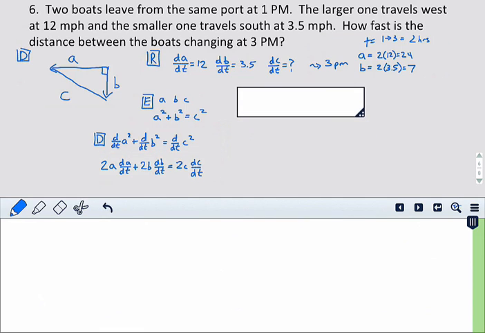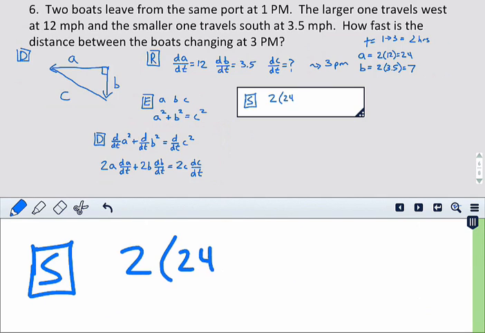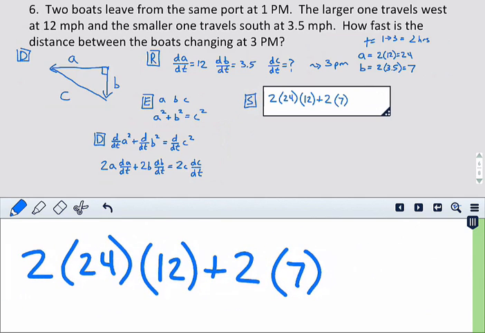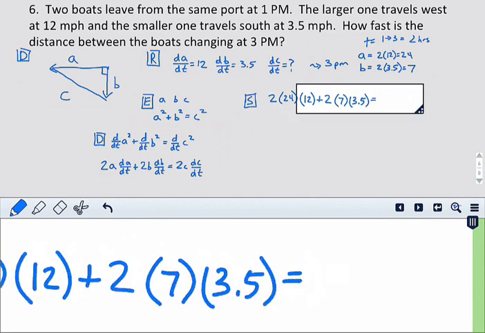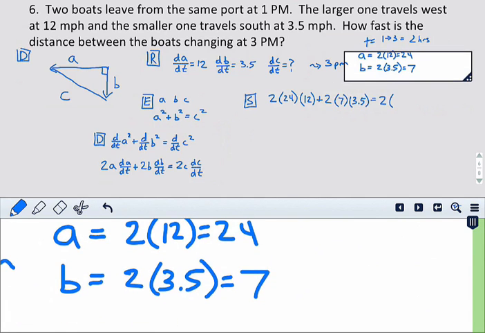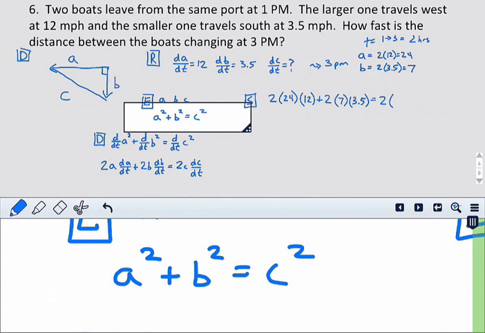Now we can go ahead and substitute. So we've already determined that after 2 hours, A was going to be 24. So we'll have 2 times 24. And that's traveling 12 miles an hour, so dA over dt is 12. And then we also determined that B was 7 miles, and dB over dt is going to be 3.5. And that's going to equal 2 times C. Well, we can also find C at 2 hours because we know that A squared plus B squared equals C squared.